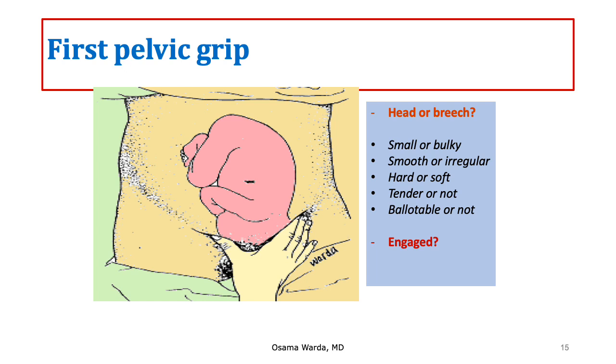How to perform it? While we are standing on the right side of the patient facing her, we fan our right hand, making the four fingers on one side and the thumb on the other, and apply my right hand to the lower abdomen of the mother, making my four fingers parallel to her left inguinal ligament, and my thumb parallel to her right inguinal ligament, trying to catch the fetal part in the lower uterine segment, searching for the criteria: small, bulky, solid, soft, regular, irregular, ballotable, not ballotable, tender or not, and so on.